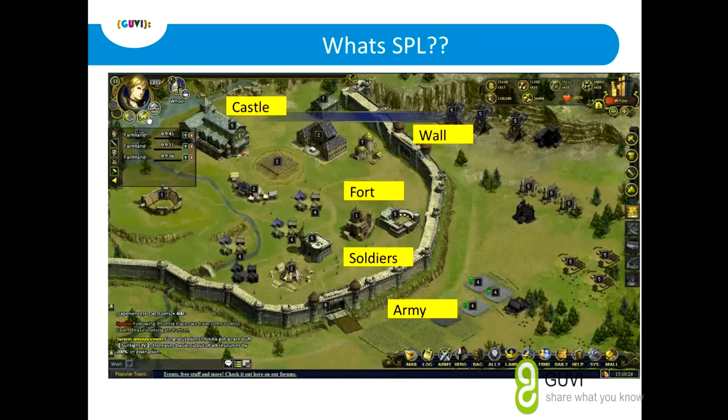If you look at this in detail, you can model these classes and objects like castle, wall, fort, soldiers, army, and all. Whenever you are given a problem statement in any situation, all the nouns mentioned there, you can form as objects.